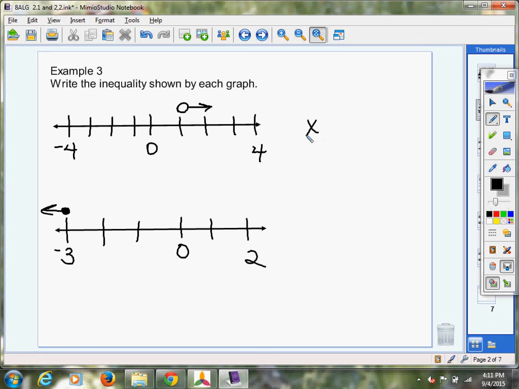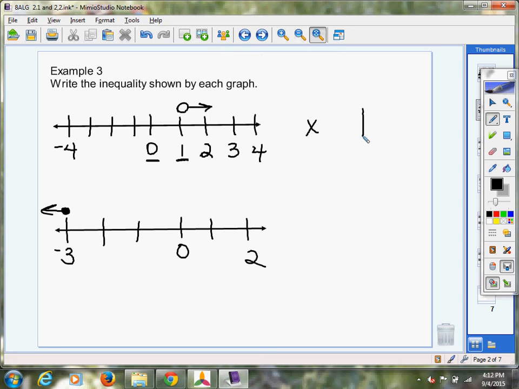So I'm going to use X, and I'm going to start with my variable, and then I'm going to figure out my number. So here's 0, and I'm immediately next door, and it looks like we're going by 1. So this would be 1, 2, 3. That's what it looks like. We're going by ones. So it looks like I'm going to put 1 over here. Now I've got an open circle over the 1.